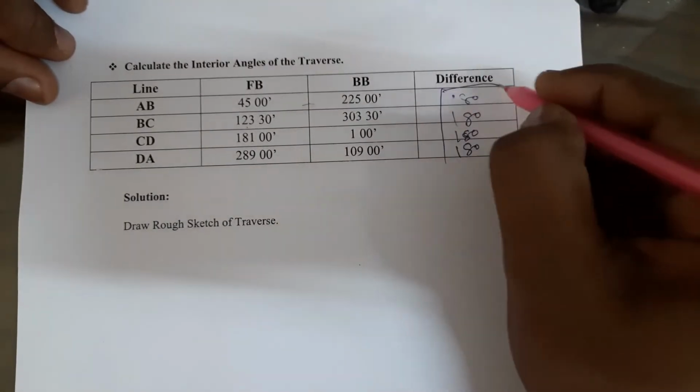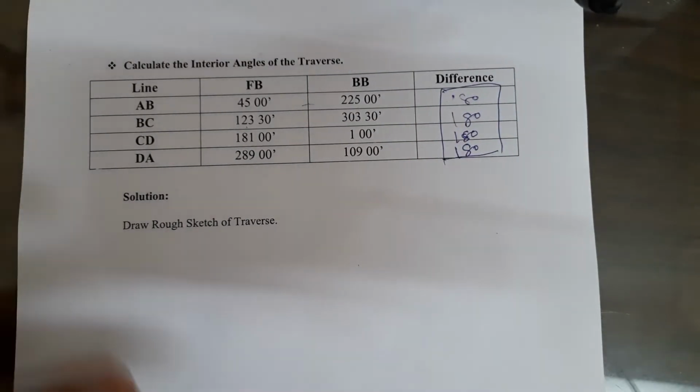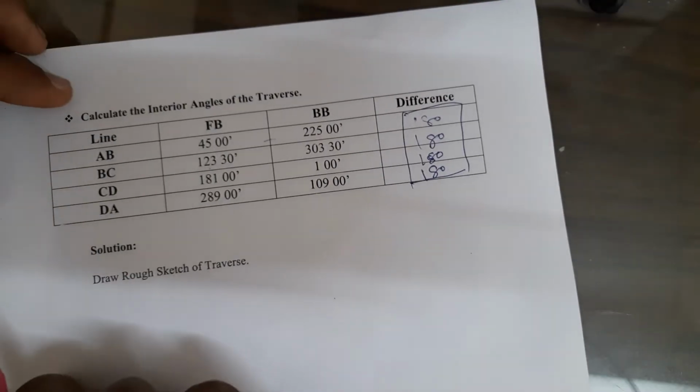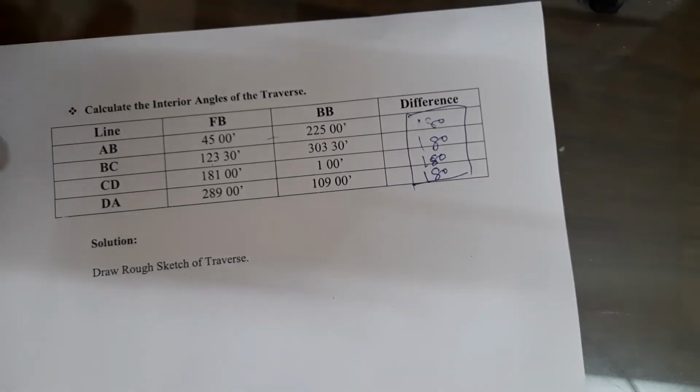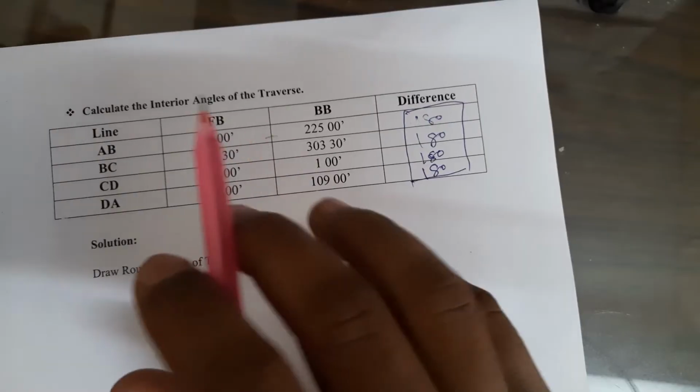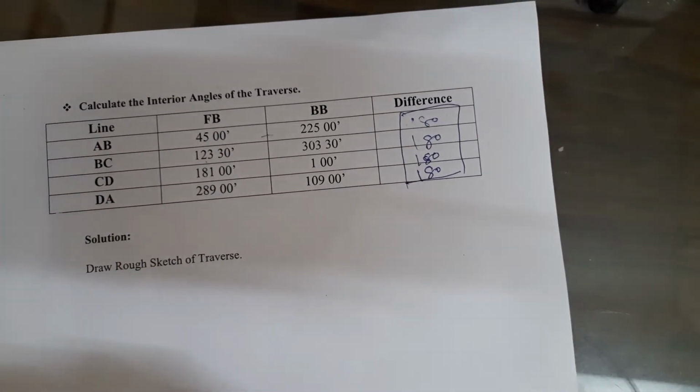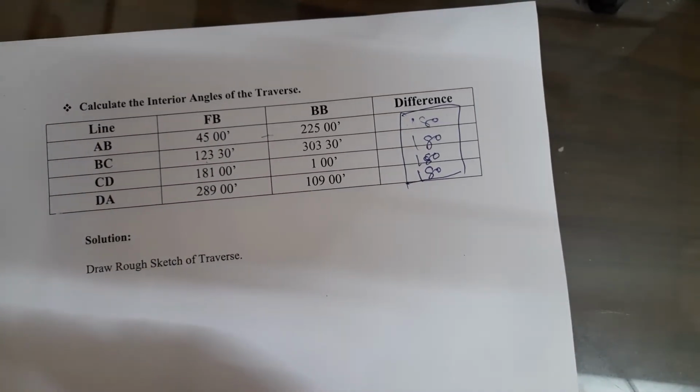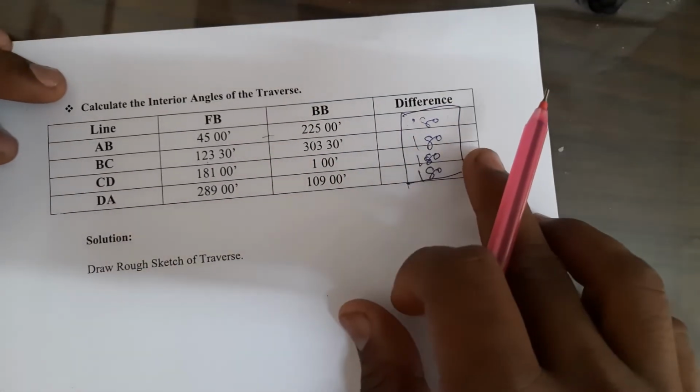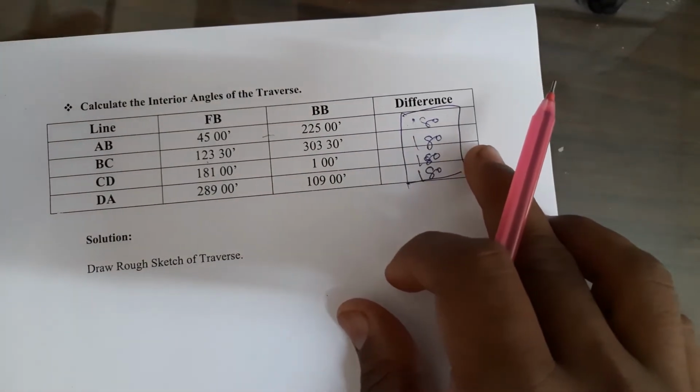So all the differences of forebearing and back bearing are 180 degrees. So these back bearings are errorless, or there is no error, meaning the values are correct as per our calculation. Understood?